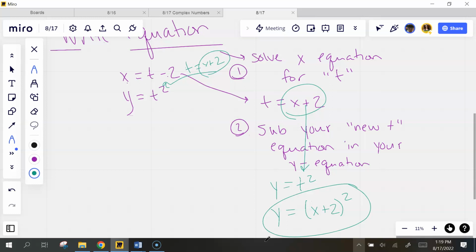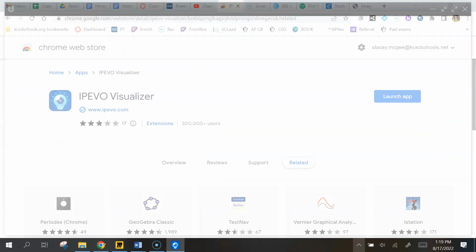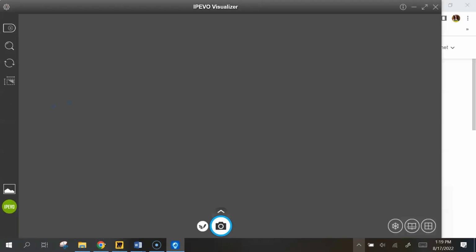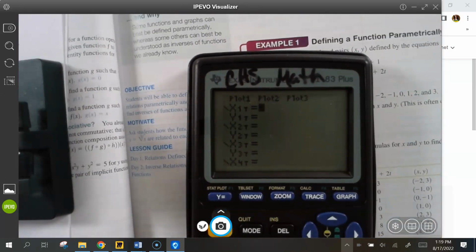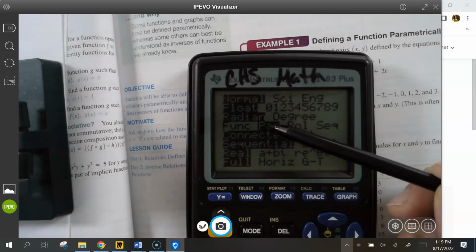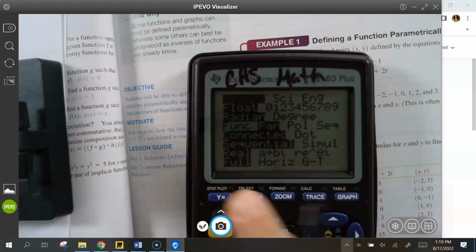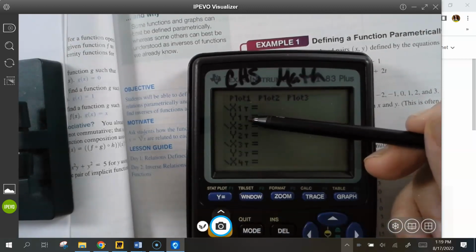Okay, let me show you. Let me hook the camera up. Mode. Here's parametric. Hit y equals. And now you have a place for x and a place for y.